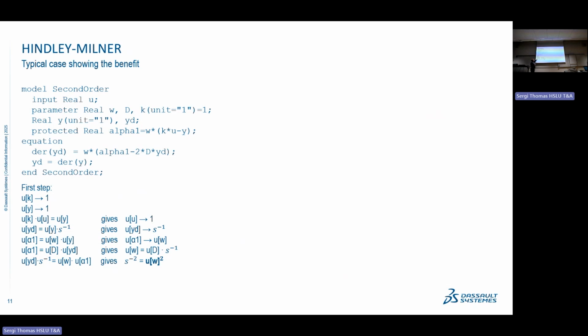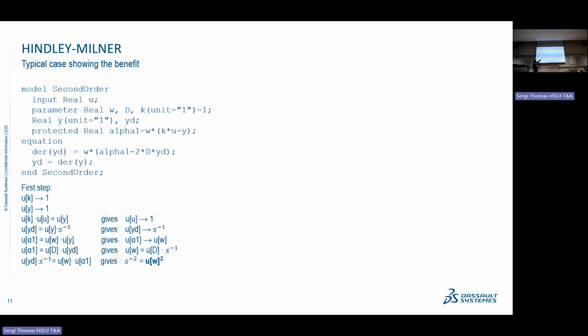And then you have this one, which is alpha 1, and this one is the unit of d times the unit of yd. So that one gives the second to last equation. And then yd is omega times alpha 1, etc. So that gives the last equation. And you see all of these I have solved to give ones. And these two are the remaining ones that are interesting.